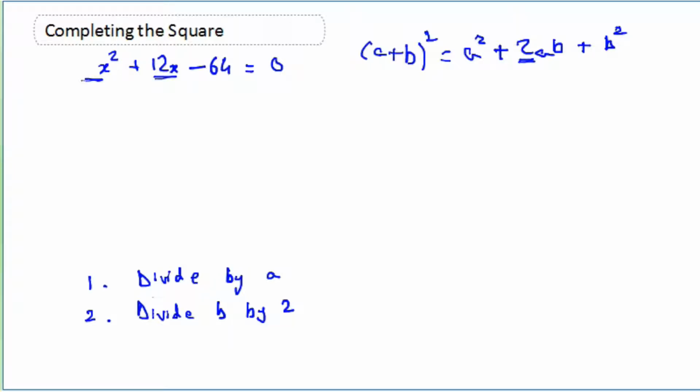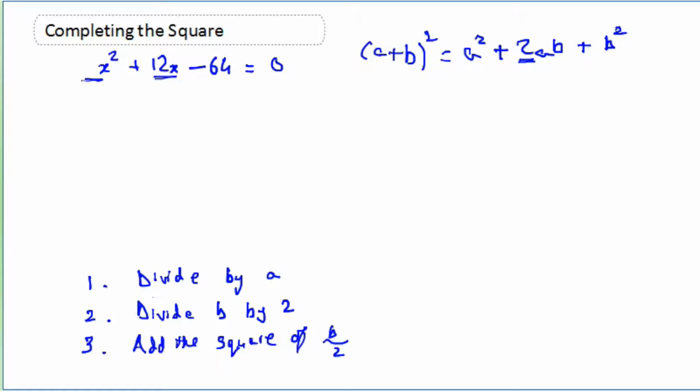That is why I'm going to divide by 2, and whatever that b by 2 is, the third step was to add the square of b by 2. So that's all it entails, and of course we take the c to the other side also because we want the x to remain on one side.